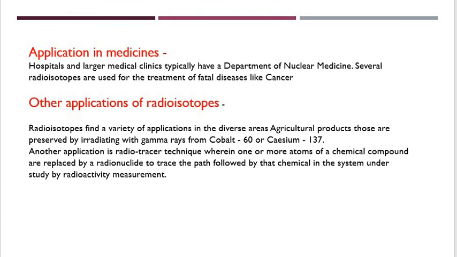Other application of radioisotopes is in diverse areas of agriculture products. Those are preserved by irradiating with gamma rays from cobalt 60 or cesium 137.